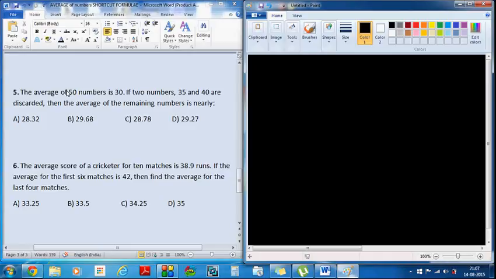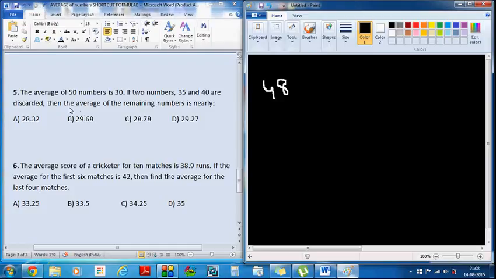That means the total remaining numbers will be 48. Out of 50, two numbers are discarded, so 50 minus 2 will be 48 remaining numbers.